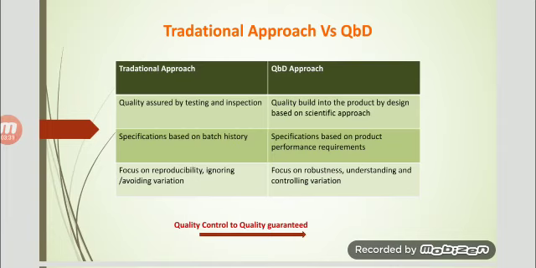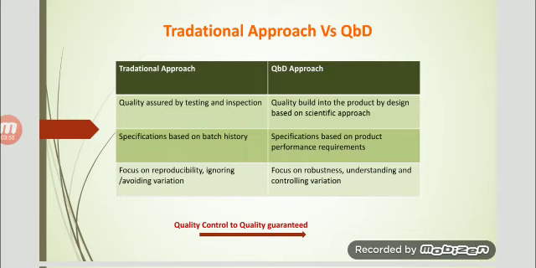In QbD, focus is on robustness, understanding and controlling variation. So this QbD approach guarantees quality. That is, we are moving from quality control to being quality guaranteed.